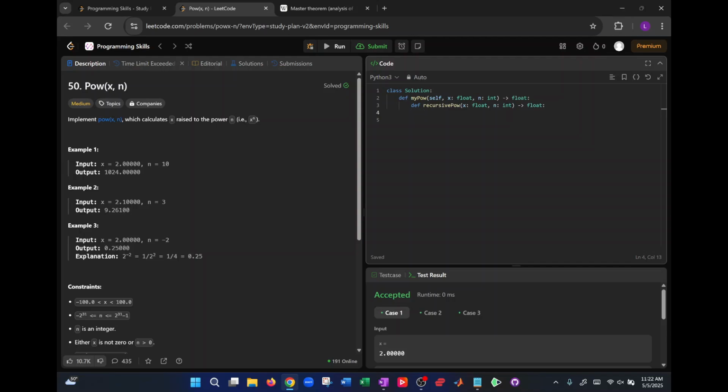And so basically this is going to be the same function that we implemented before, but this time we're writing the function on the inside so that we can call it recursively.